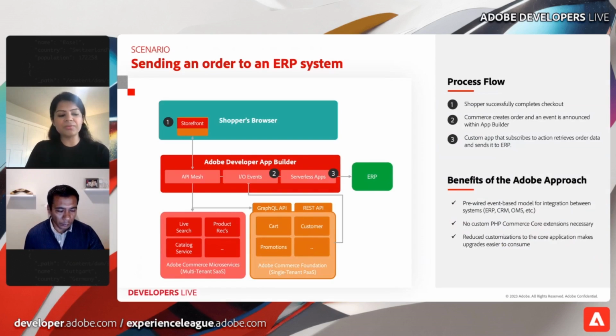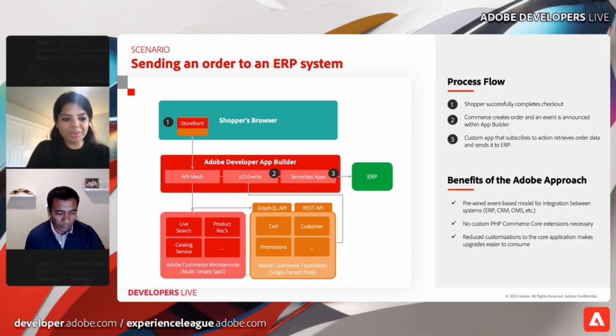So, for example, say you want to build functionality that would notify a country-specific warehouse of orders, so that when you're doing the shipment, you can ship closer to the customer's location.